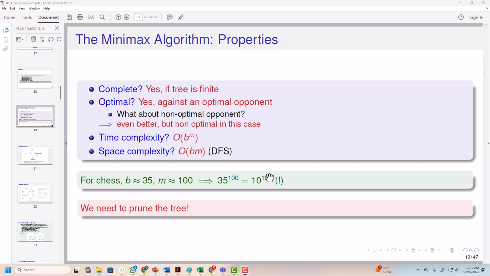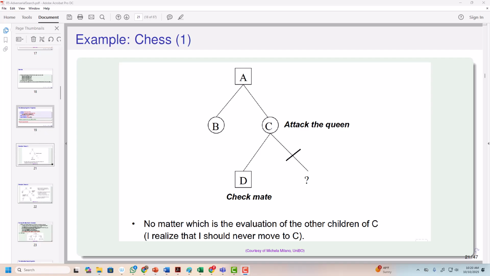And although the exponent cannot be eliminated, we will try to see if it can be effectively cut in half through pruning. The idea is that the correct Minimax decision can often be computed without examining every single node in the tree. The technique used for this is called alpha-beta pruning.